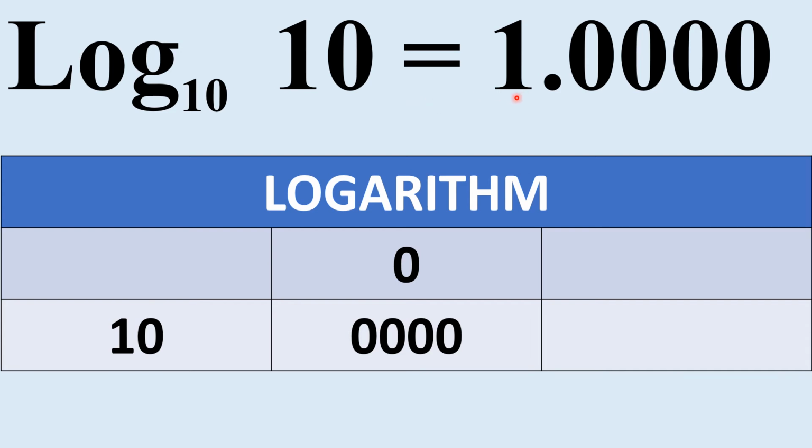So you'll get 1 as the characteristic. To find out the mantissa, in front of 10 under the column 0, you see what is the number in the logbook. So there you have 0. That 0 you write after the decimal. Thus value of log 10 is 1.0 or 1.